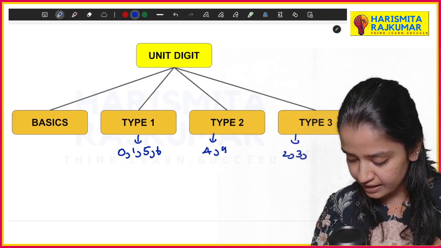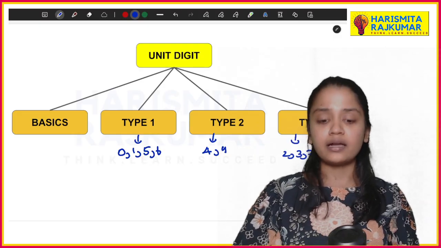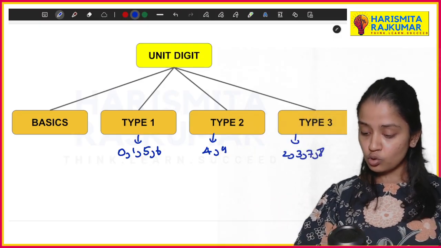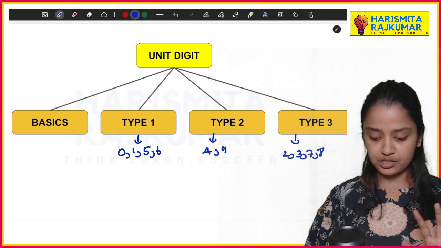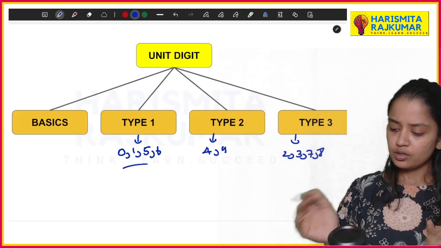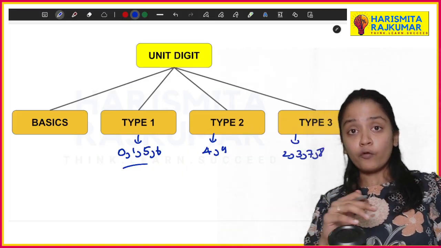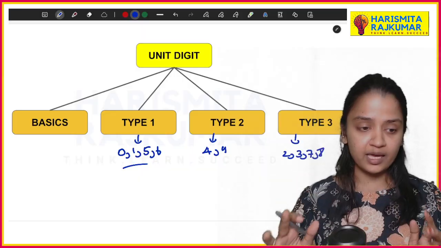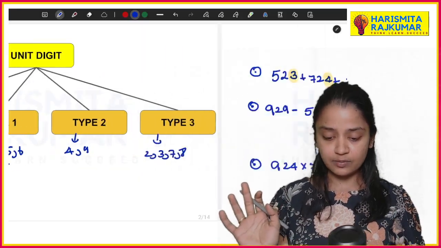The remaining 2, 3 and 7, 8 come under type 3. If your unit digit is ending with 1, you choose type 1, 4 or 9 type 2, and so on. Basics is a must to solve type 1, type 2 and type 3.